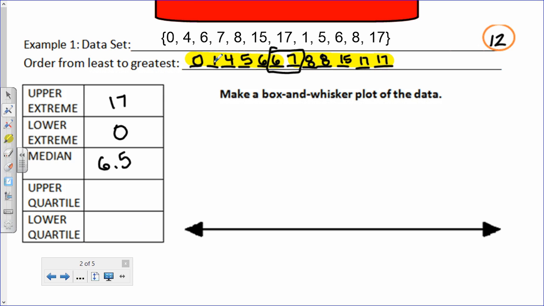I'm going to have 1, 2, 3, 4, 5, 6. So I know I'm going to have 4 and 5, and that will be smack in the middle, would be 4.5. And now down here, 1, 2, 3, 4, 5, 6, it's going to be between 8 and 15. And that's a little bit hard to visualize in the number line.